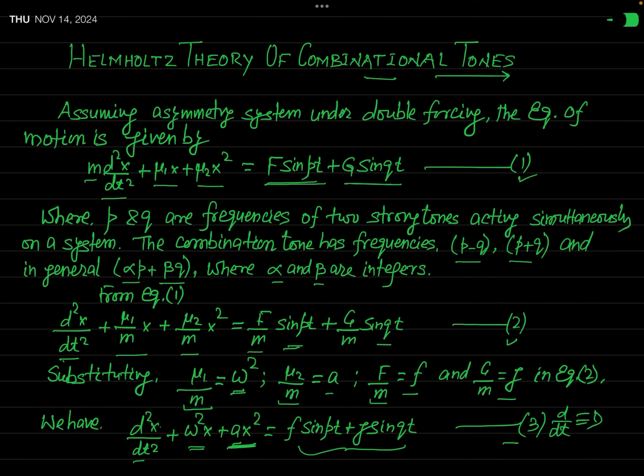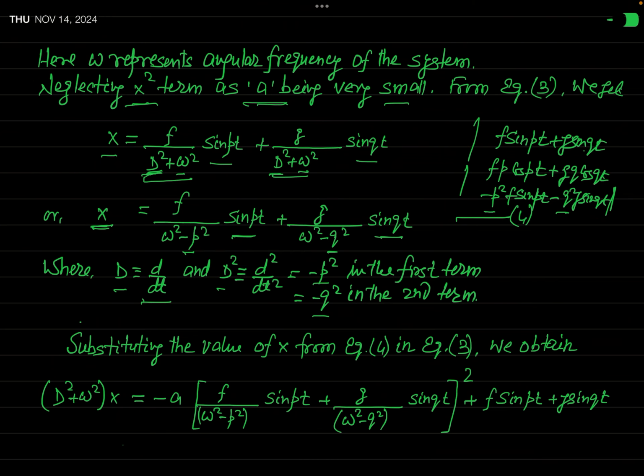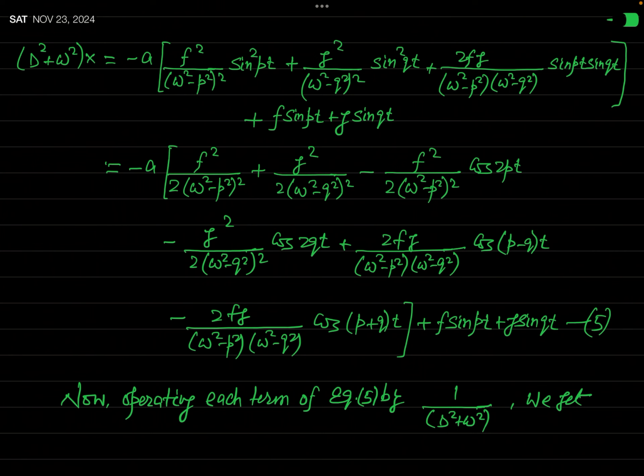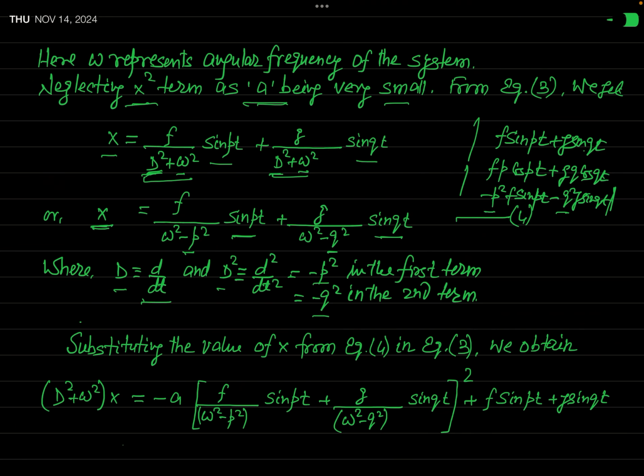So when you write this term ax² on the right hand side, that will be minus ax². So I have written (D² + ω²)x equal to minus ax².